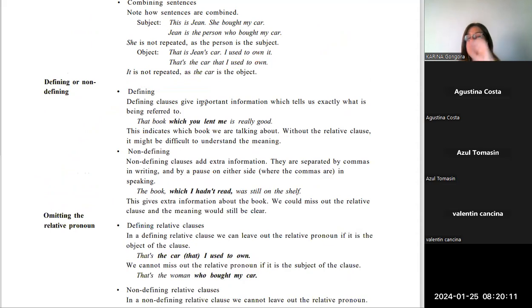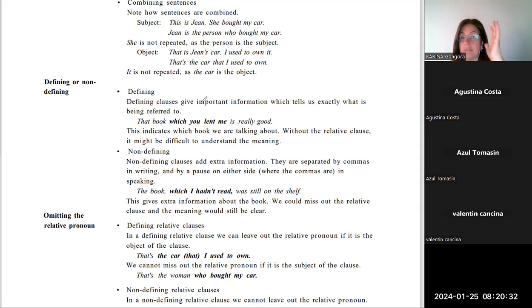Defining relative clauses give important, or I would add essential, information, which tells us exactly what is being referred to. So when do we use a defining relative clause? When there is no other way for us to define what we are talking about.